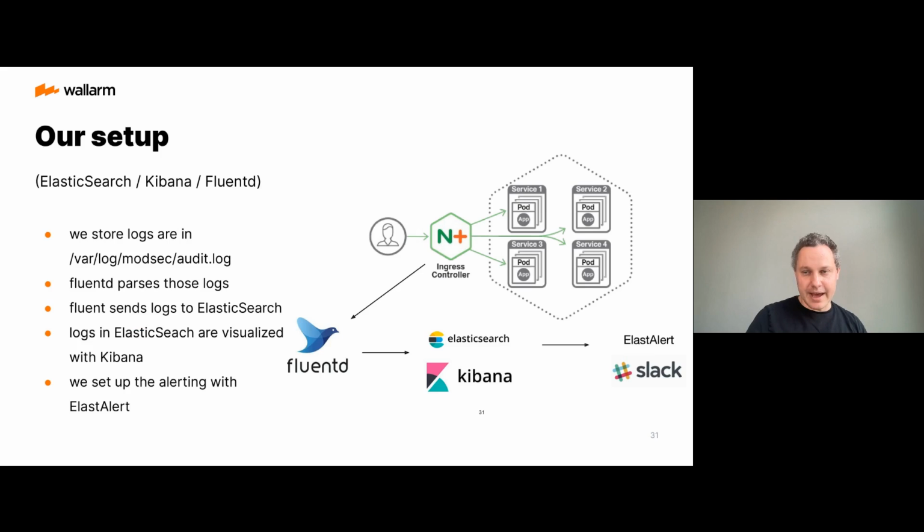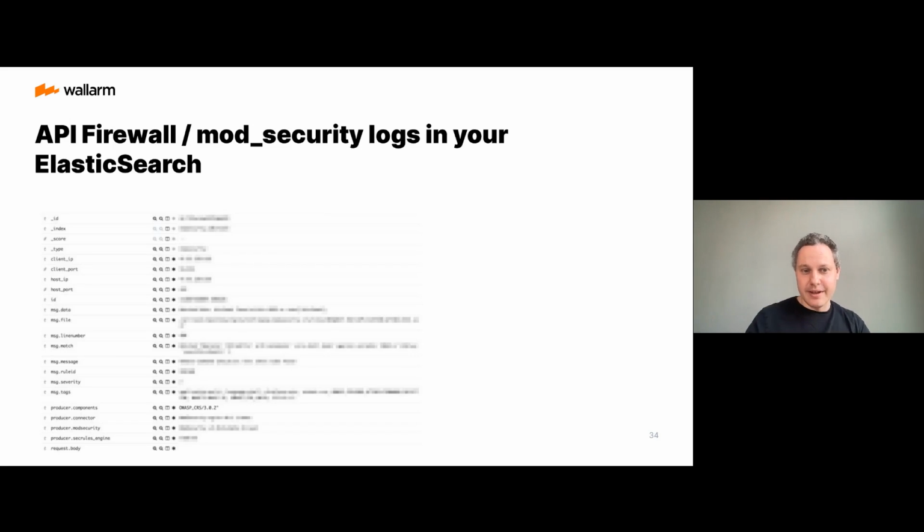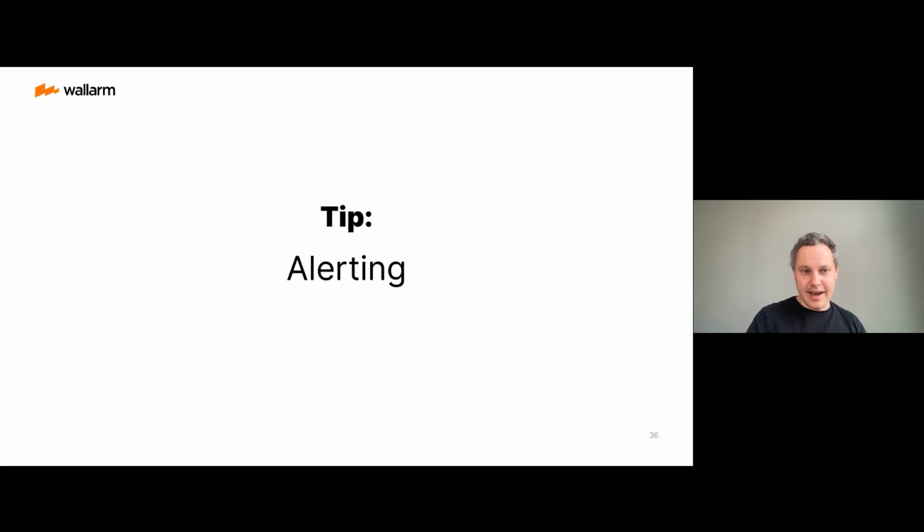I don't think we have time to go through all the configuration, but it will be in our slides, so you can easily set this up in your own environment. It can be an ingress controller, or something else like an Nginx load balancer or a Kong API gateway. It will be more or less the same setup. In our slides we have all the specs, an example of what you would have in Elasticsearch, and some examples of the dashboards you can get.